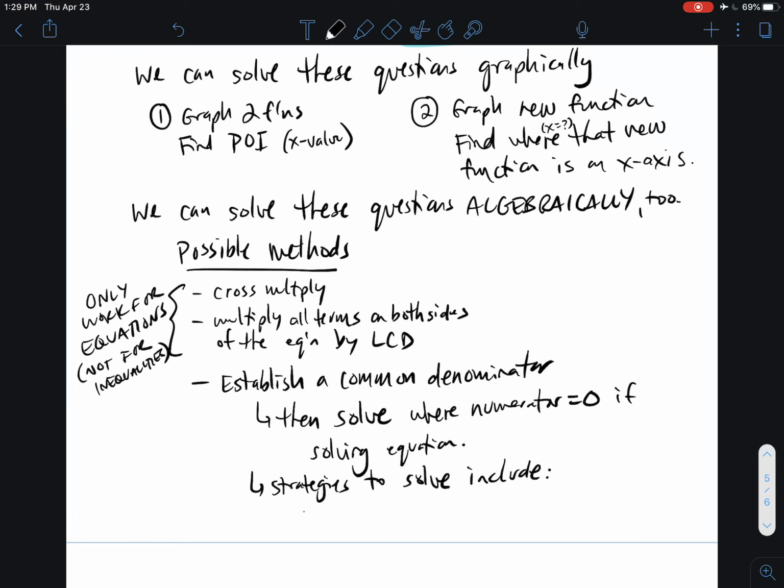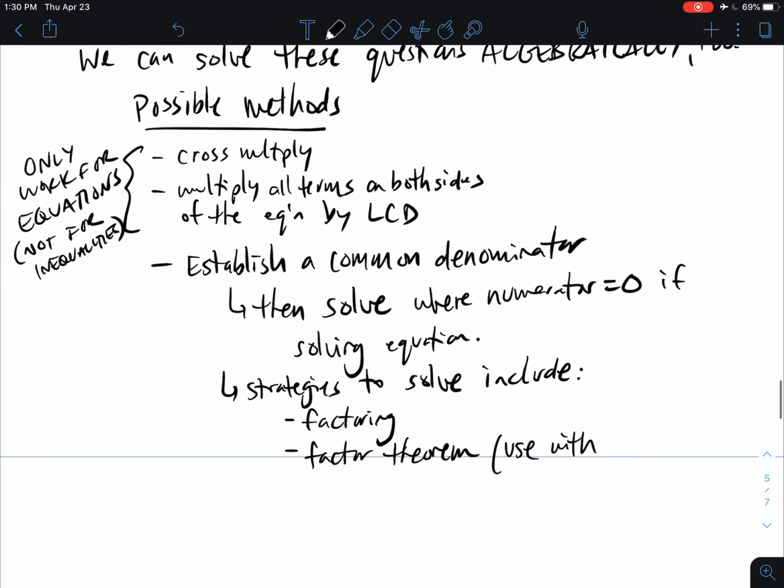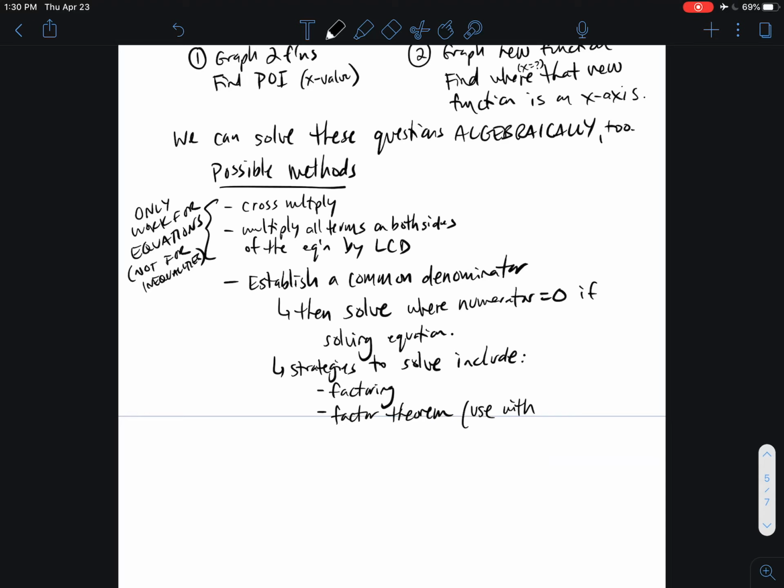So strategies that we have to solve include, if you have any kind of expression that you can factor, then you can solve it by factoring. That might mean that you're actually doing polynomial division, like you're using the factor theorem. If you have a function that's a higher degree than a quadratic, like a cubic or quartic or whatever, but you won't need those with quadratics or linear, obviously, because you'll always be able to solve them your normal way, or factor them the normal way.